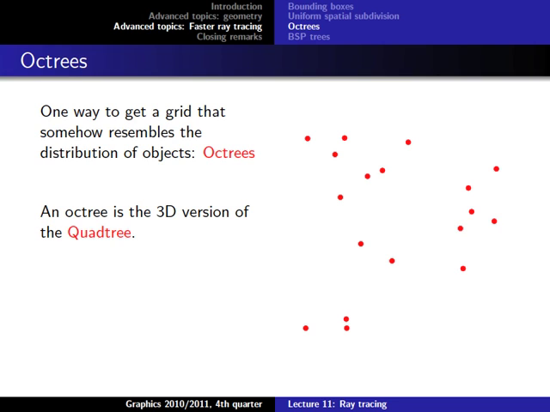So we have intersection with squares or rectangles in 2D, and then cubes or 3D rectangles in 3D. Good. So the way this works is we take space, and in this case the objects are just illustrated by dots. Usually we have triangles, but this is just an illustration of the basic concept, so I'm sure you can generalize from that.